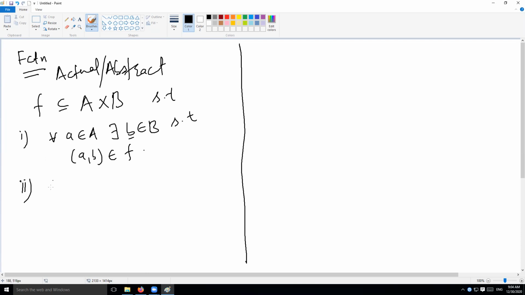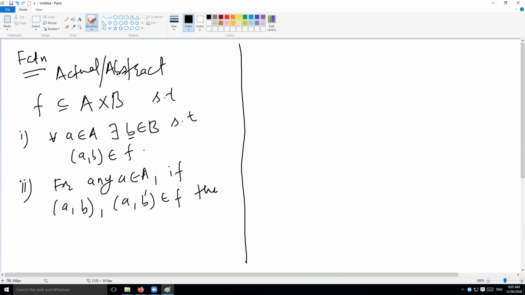In other words, for any a in A, if a is in relationship with b and a is also in relationship with b prime, then b and b prime must be the same. Okay, then b and b prime must be the same. This was really the abstract definition of function.